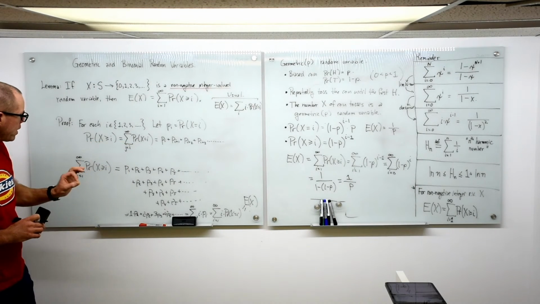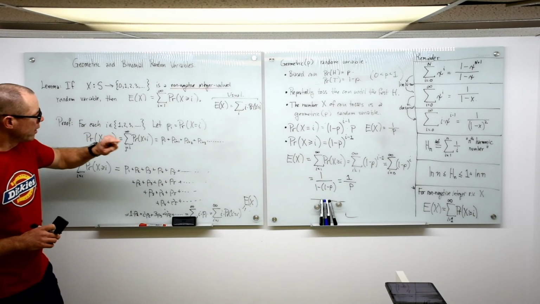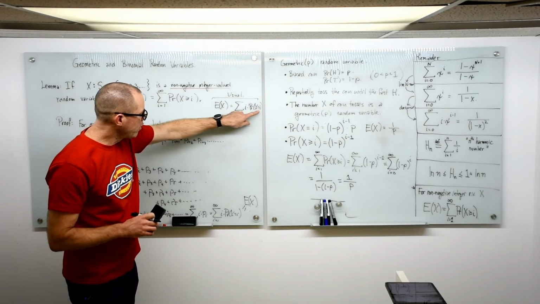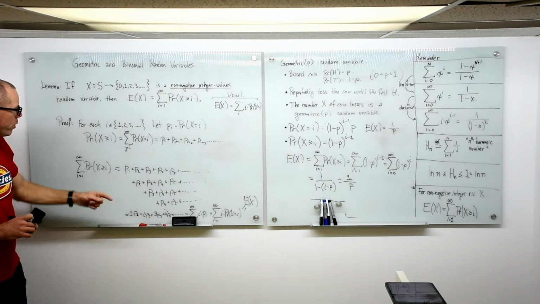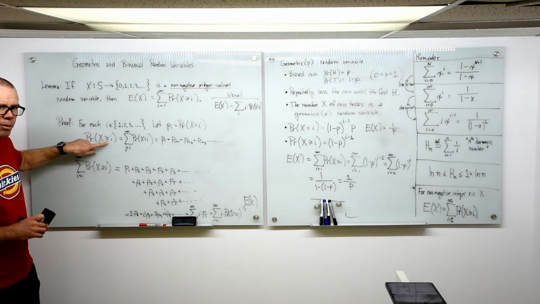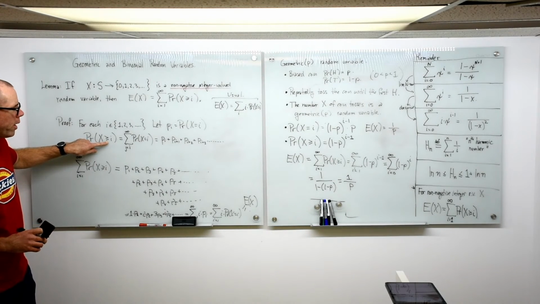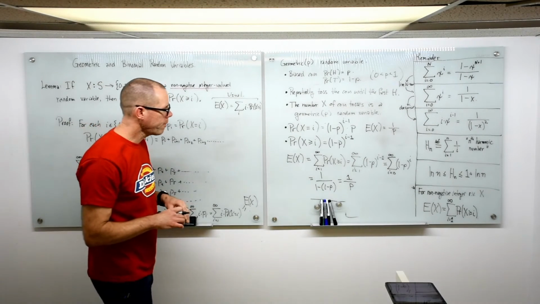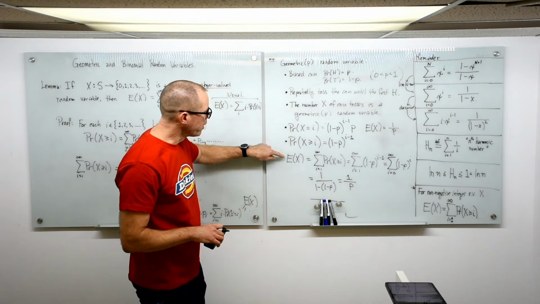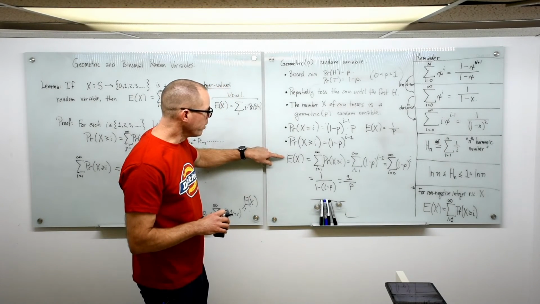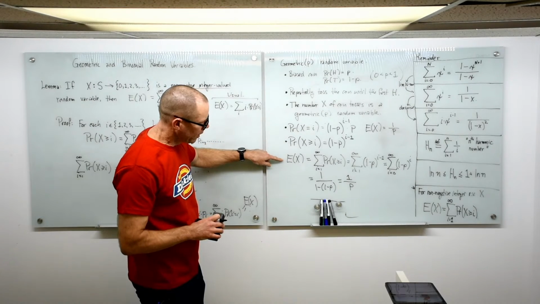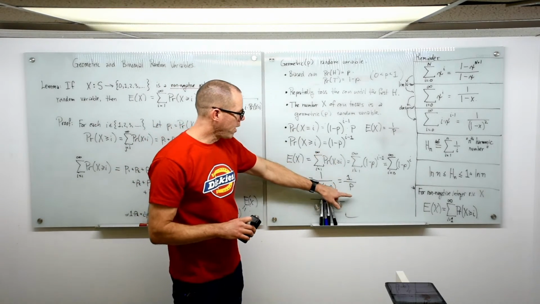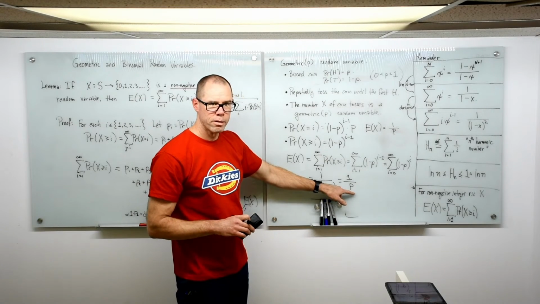So the difference is this: with one definition, you use the probability that x equals I and multiply that by I, or you can use the probability that x is bigger than or equal to I, in which case you don't have to multiply by I. And we use this one here because it leads us to this nice geometric series.